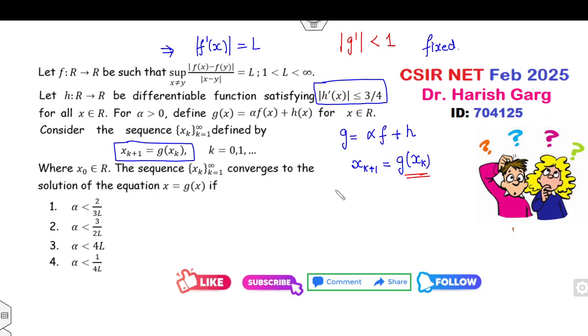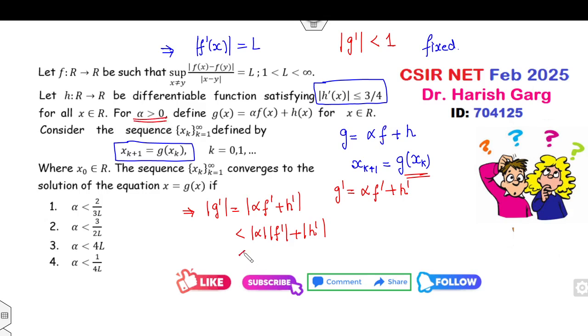So if you find the derivative, what is g dash? Alpha f dash plus h dash. Now if you consider the modulus of g dash, it will be |alpha f dash plus h dash|. It will be less than alpha times |f dash| plus |h dash|, because alpha is my positive number. What is f dash?